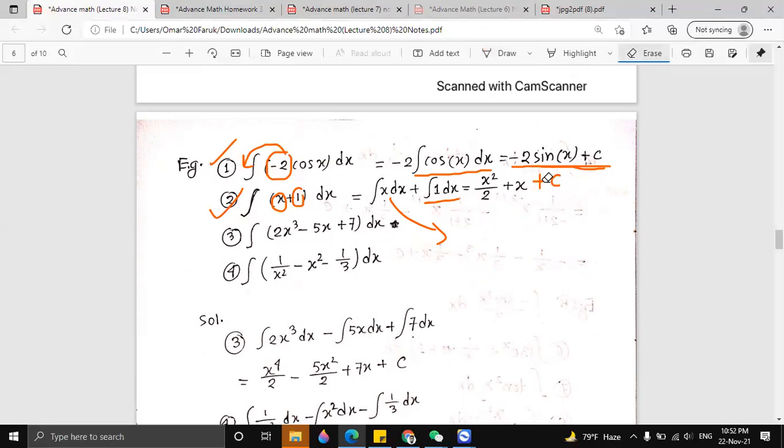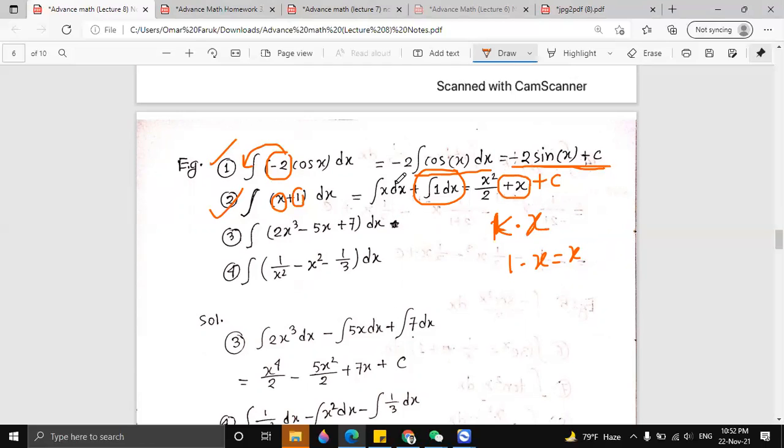Can you repeat again, brother? Yes, I can. So from the formula, we know that integration of a constant is constant into x, right? So here our constant is 1. So 1 into x means only x. So we write down x here.